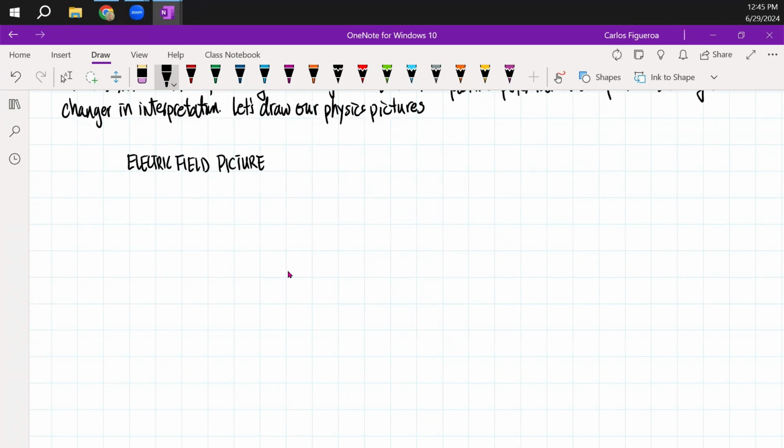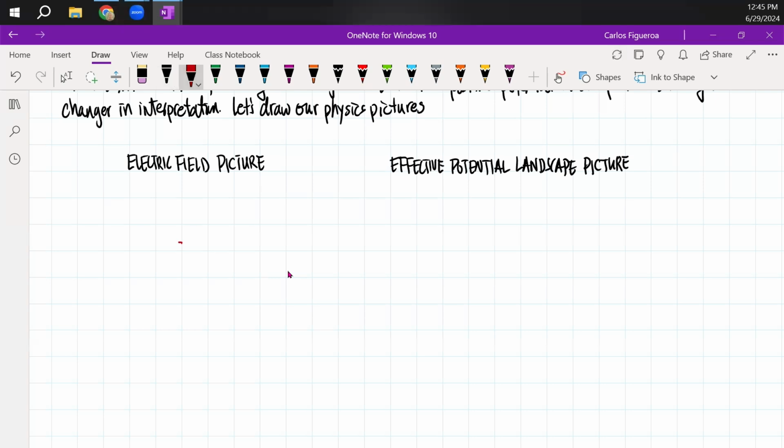And then over here, we're going to have an effective potential landscape picture. And so here's what I'm going to do.